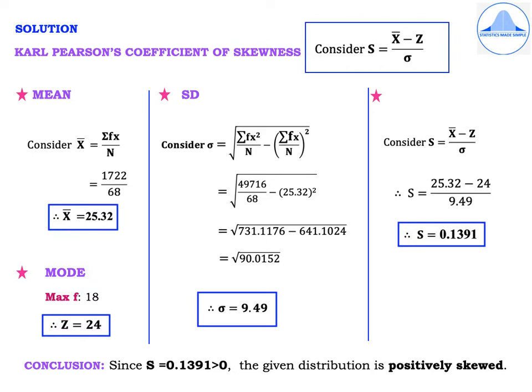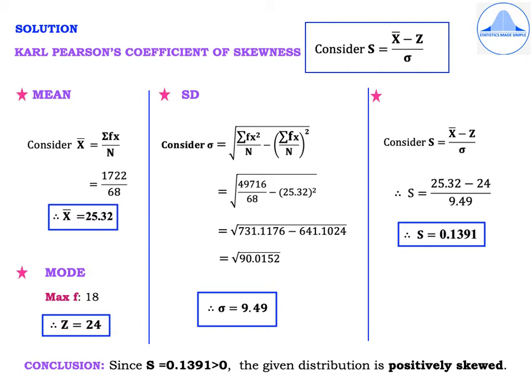So consider x bar equal to summation fx by capital N, which is equal to 1722 divided by 68. So you get x bar equal to 25.32. It is sufficient to take two places after the decimals for x bar, sigma and z after rounding off.